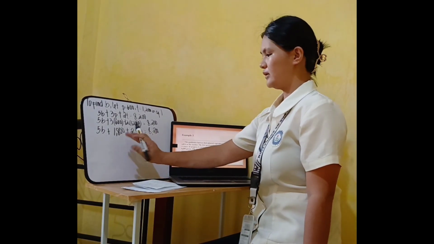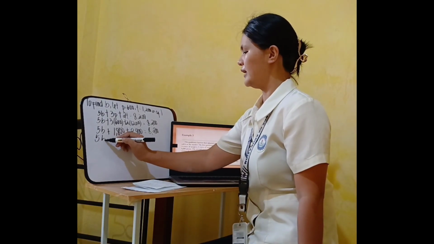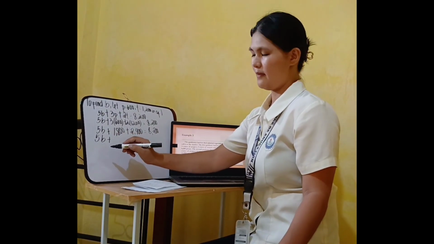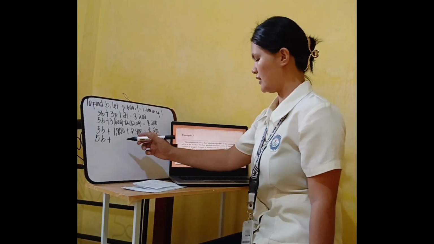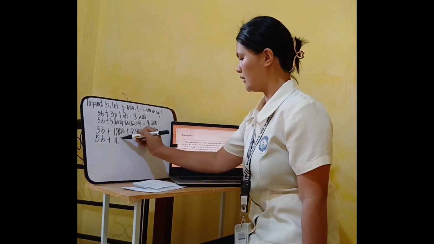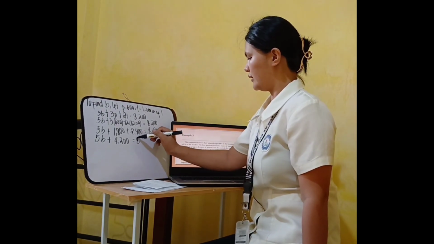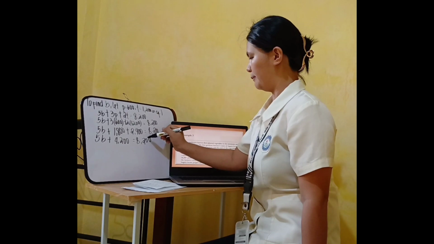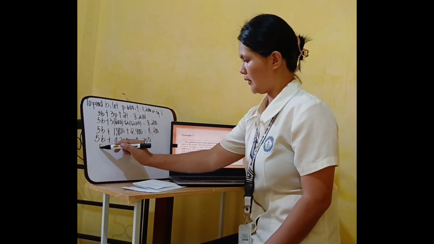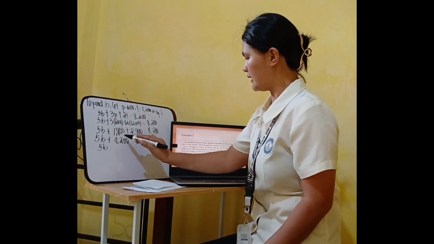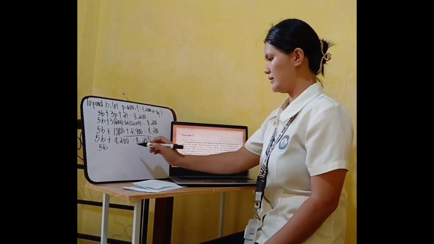Next step, we add these two. Copy the 5B because it still has a variable. 1,800 plus 2,400 is equal to 4,200. And copy the 8,200. After that, copy B again and transpose the 4,200 to the right side.